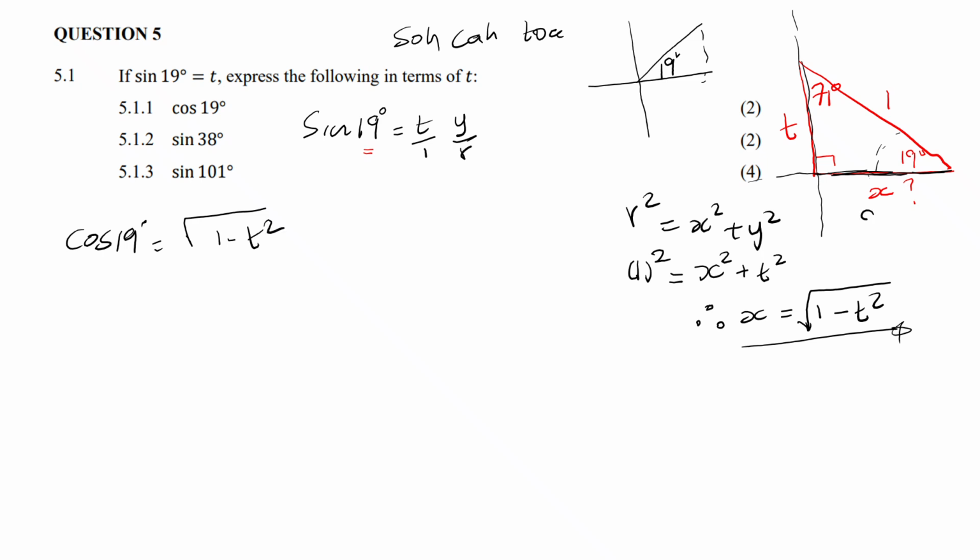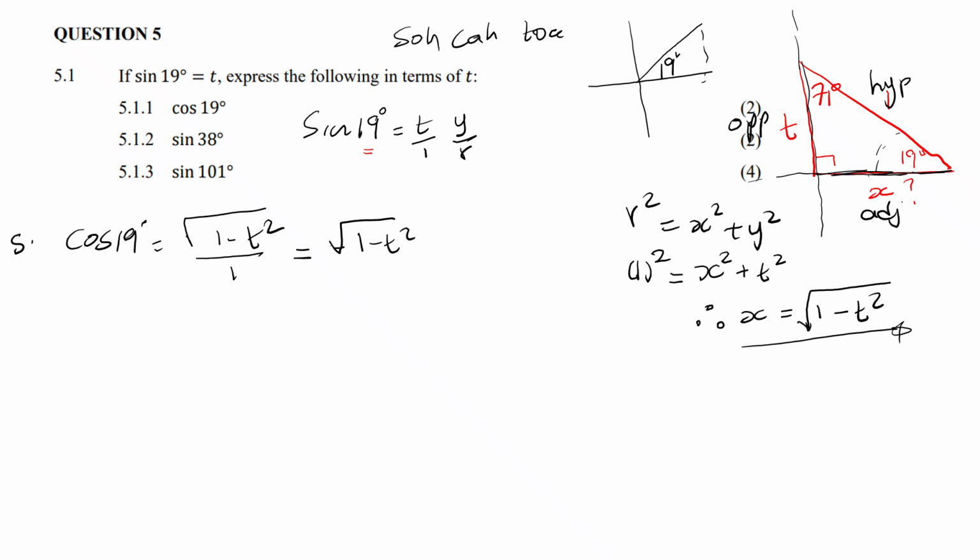Remember, this is your adjacent, this is your opposite, and this will be your hypotenuse. So this is adjacent all over hypotenuse, which is 1. Then you can just say your final answer is the root of 1 minus t squared. So that is the cos 19.